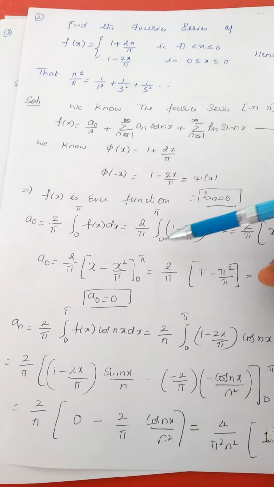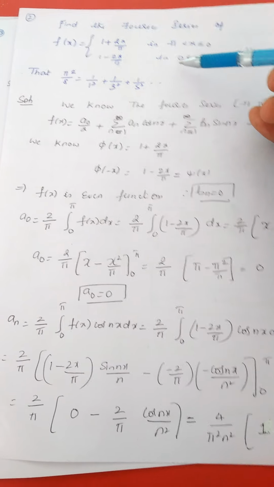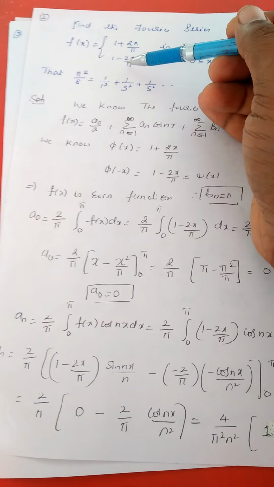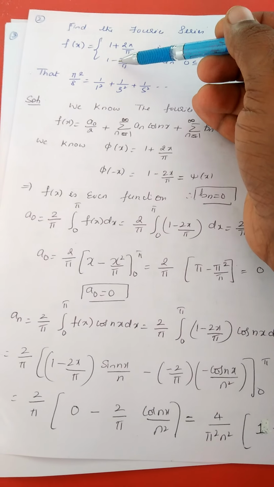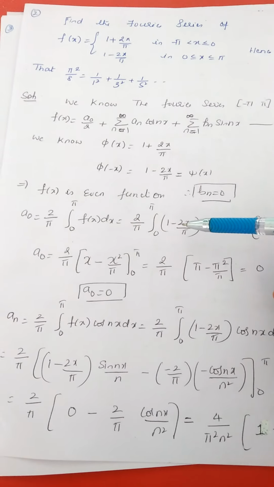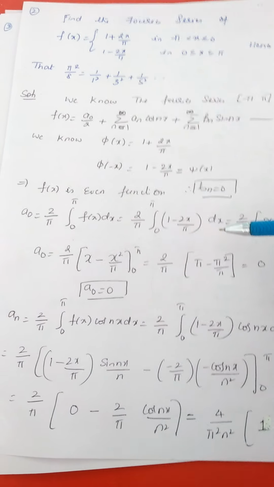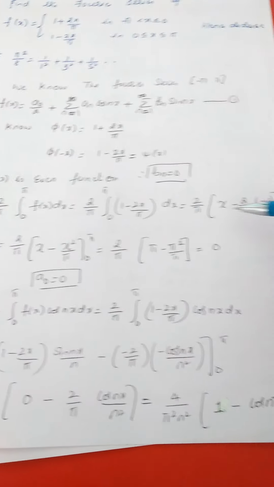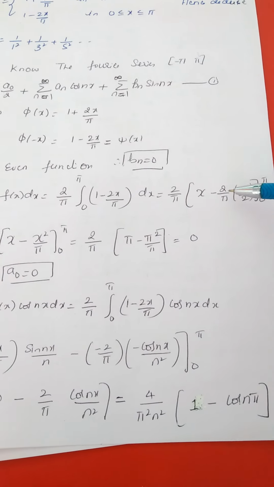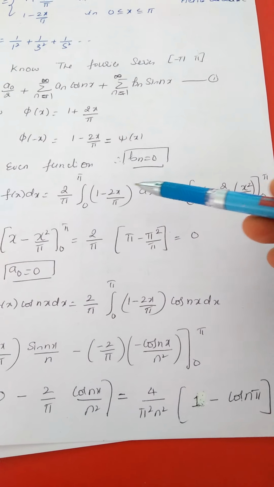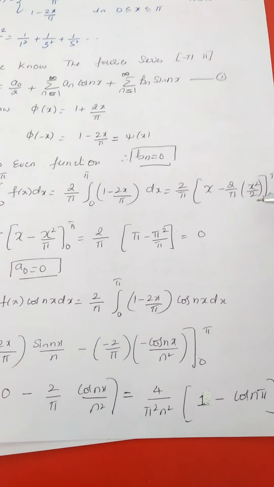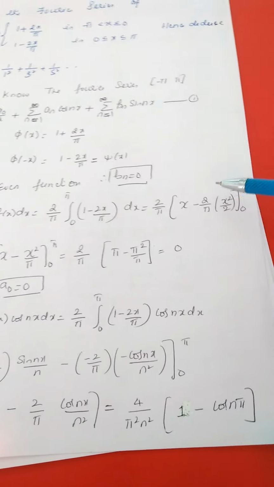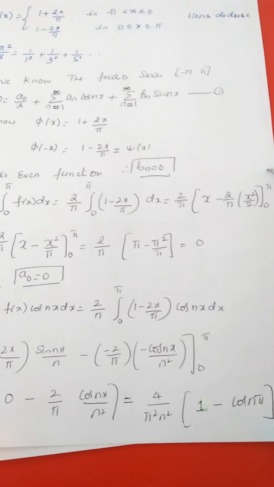Since the limit is 0 to pi, whatever the corresponding function is there for 0 to pi is our f(x). So we write 2 by pi integral of (1 - 2x/pi) dx, which is 2 by pi times [x - 2 by pi times x square by 2] from 0 to pi.